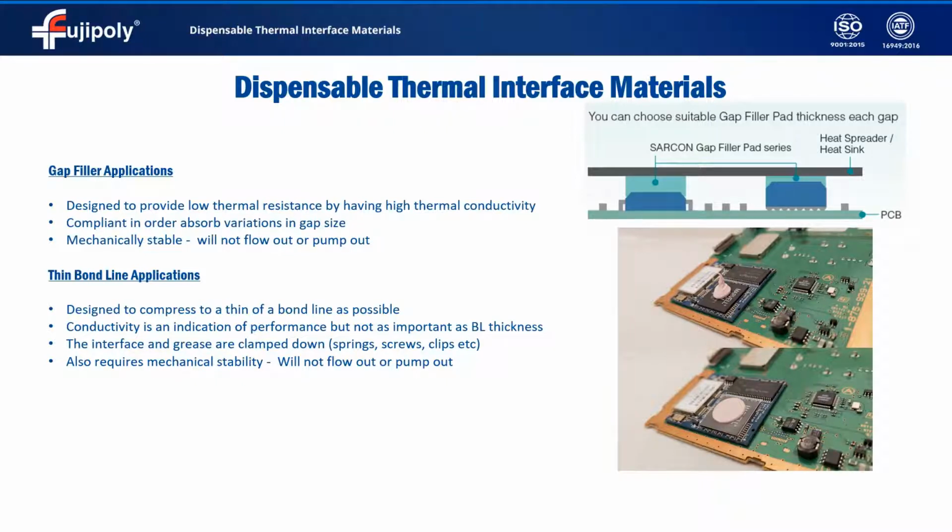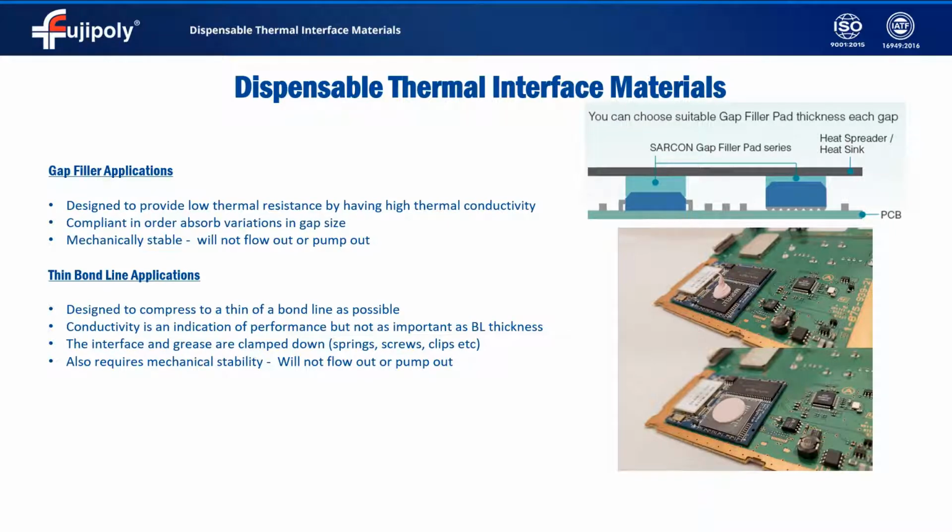The thin bond line applications, on the other hand, often have no gap to fill or perhaps just some roughness and flatness to deal with that does not require material gap filling. At bond lines under 5 mils, conductivity is less an indicator of performance than the final bond line, and the material's ability to spread over the interfacing surfaces. Fixed clamping features such as springs, screws, and clips are typical.